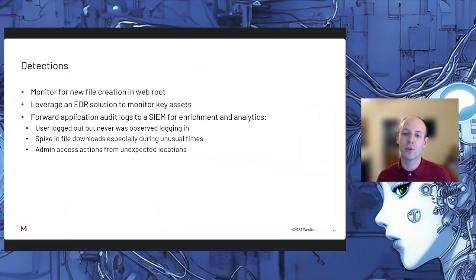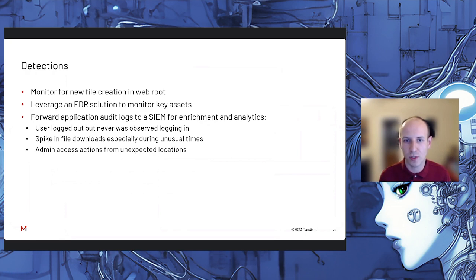Now, how could a defender potentially have prevented or detected this exploitation? From a detections perspective, as a lot of people recommend, monitor your web roots for new file creations. Typically you shouldn't have new files getting created, especially ASPX pages or code pages, in your web roots. You should definitely leverage some sort of EDR, especially on your key assets and specifically on your publicly facing assets.